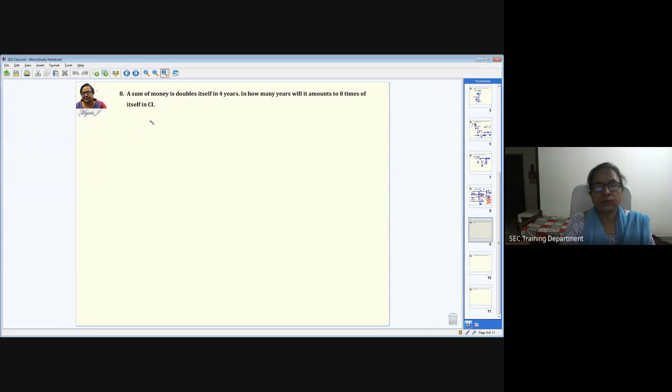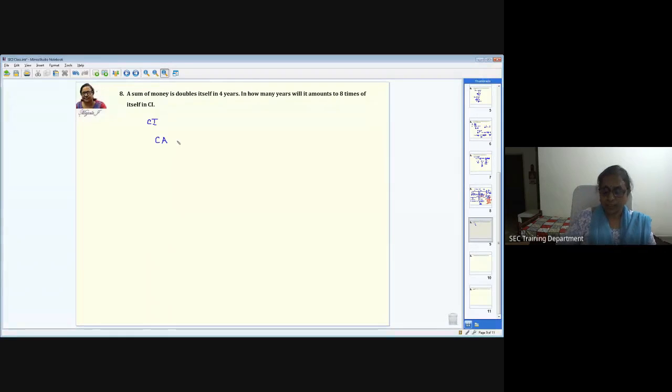First of all, this is a compound interest, not simple interest, right? So you have to write the compound interest formula, and it's given that the sum of money doubles. That means you're not taking only the interest, you're taking the amount. So what's the compound amount formula? Compound amount formula is P into 1 plus R by 100 to the power n.